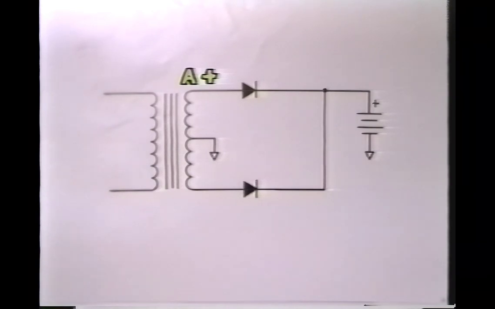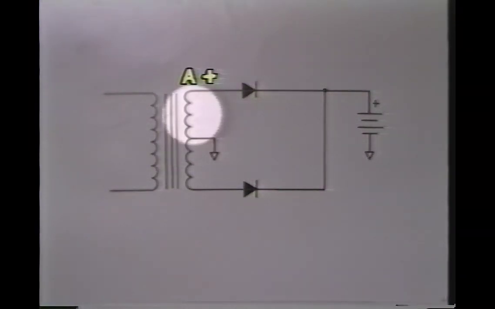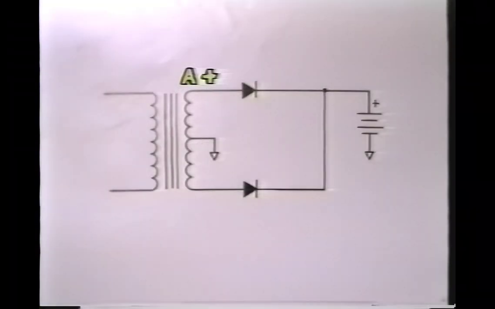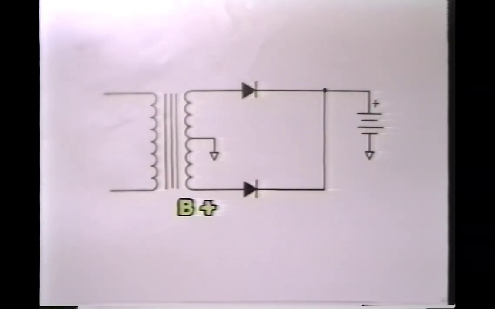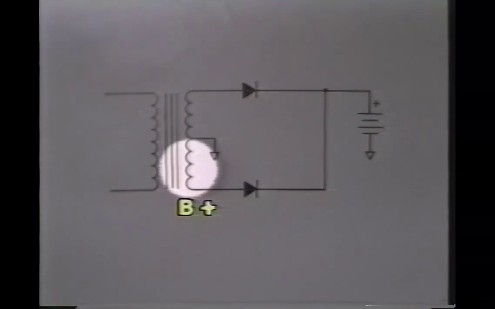We only have used 1/2 of the transformer secondary. When point B becomes positive, the current flows through this diode and again back into the battery. The return path is through the center tap of the transformer again. This time we've only used this half of the transformer secondary.